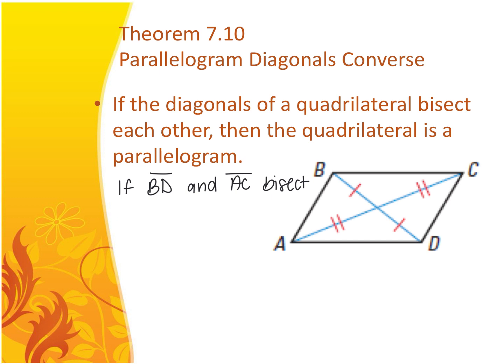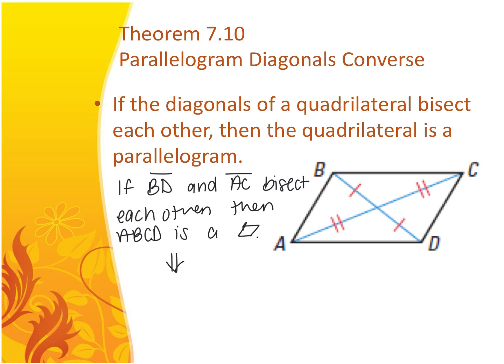What did you say? Down the middle. Okay, cuts it down the middle. Yeah. So if it's cutting it in the middle, if it's bisecting, you have to remember that word because you will see that word. If it's bisecting through each other, then ABCD is a parallelogram. That's one way to write it.